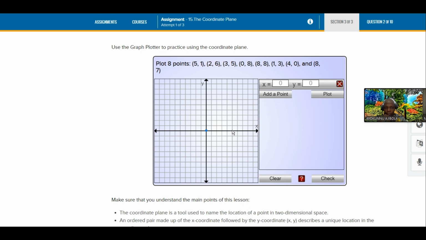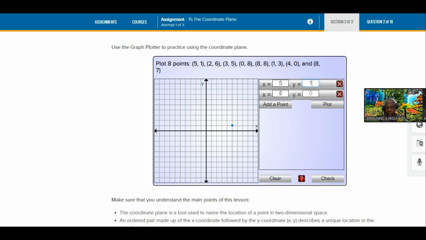This is 5 and 1. So 5, comma 1 should be here. Just put 5 here, put 1 here. That's the first point, okay?